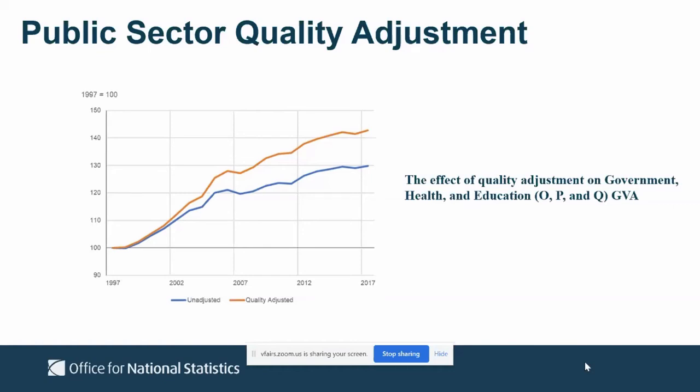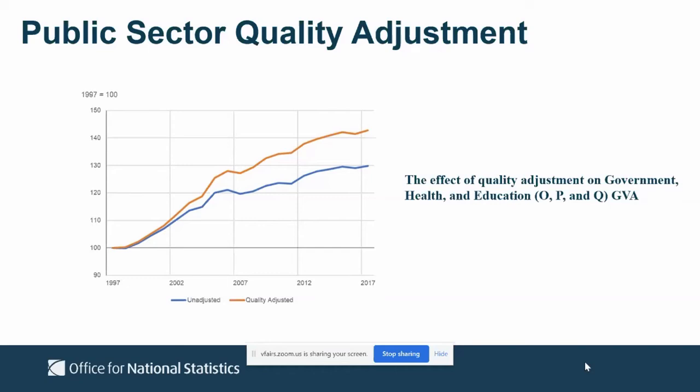You can effectively treat this as a service which is valued at the cost of the inputs which go into it, so inputs equals outputs. You can look at the number of outputs and find some way of directly measuring them, such as the number of operations carried out by the health service, or you can think about quality and the quality of the outcomes which those services deliver.